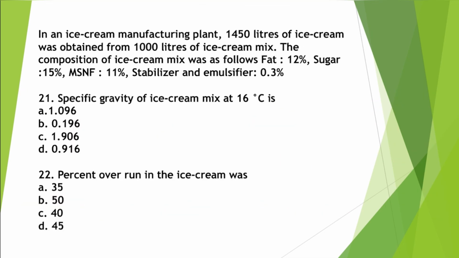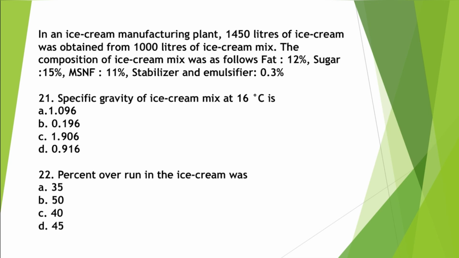Next question. The next common data question is, in an ice cream manufacturing plant, 1450 liters of ice cream was obtained from 1000 liters of ice cream mix. The composition of ice cream mix was as follows: fat is 12%, sugar is 15%, MSNF is 11%, stabilizer and emulsifier is 0.3%.